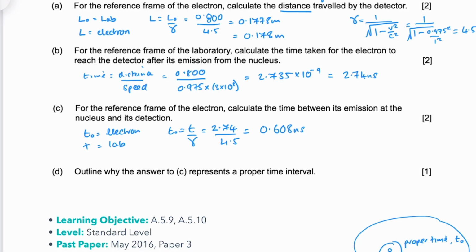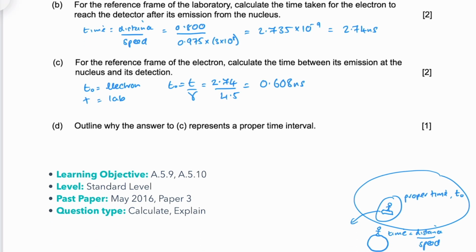Fabulous. D. Outline why the answer to C represents a proper time interval. Well, we've actually explained that already, but let's write it down. From the electron's perspective, it is the lab and the detector that are moving.